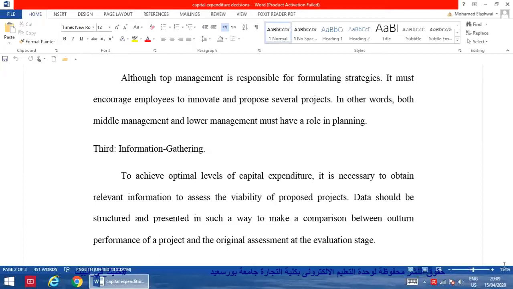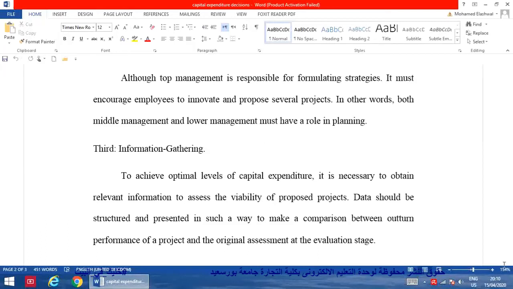Third condition, information gathering. To achieve optimal levels of capital expenditure, it's necessary to obtain relevant information to assess the viability of proposed projects.